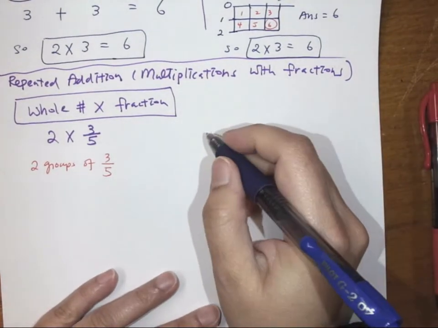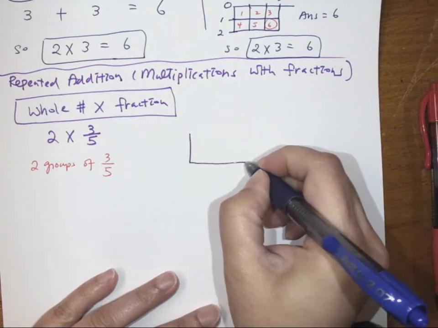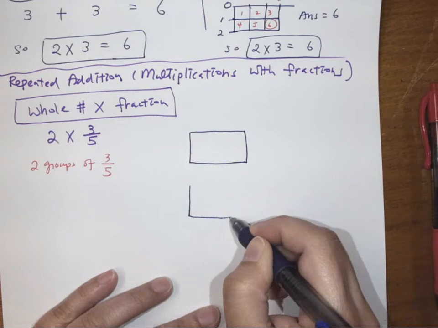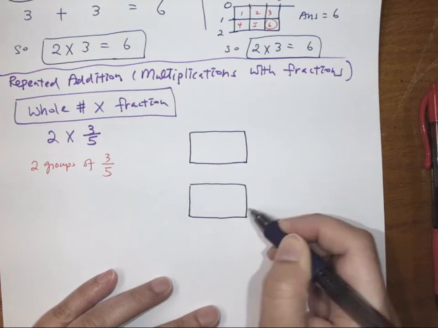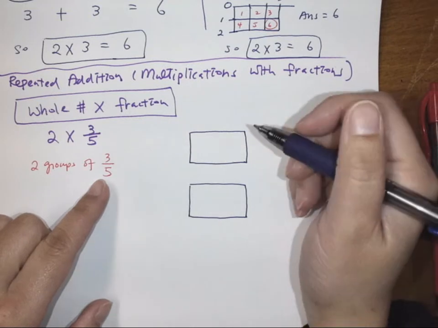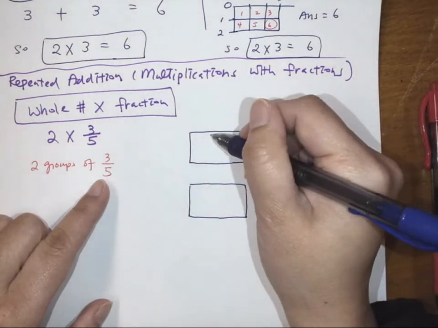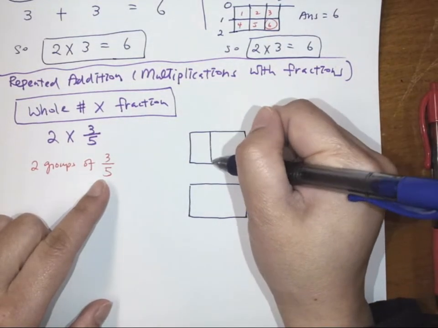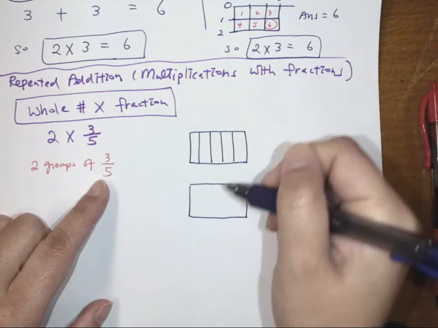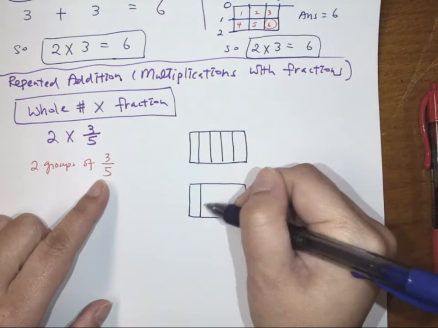In an area model, for each set, normally we use a rectangle to represent it. So I have two groups, right? So I'm going to have 2 of those. And because it's 3/5, it means that I have 5 equal parts to make one whole. So I'm going to cut each box into 5 equal parts, and same here, 5 equal parts for each group.